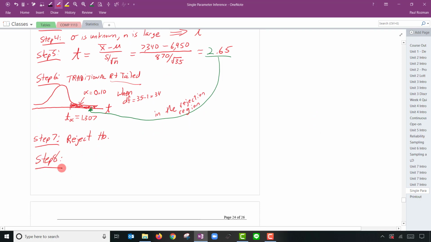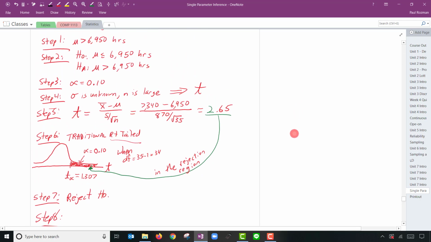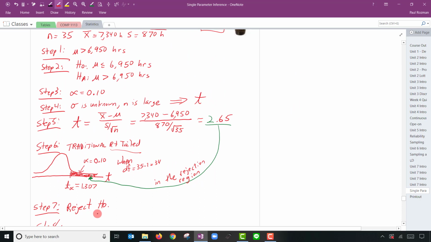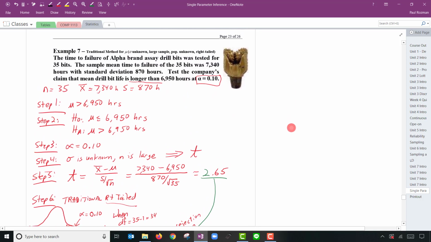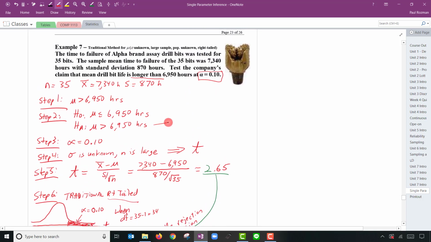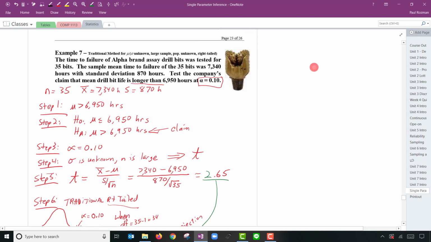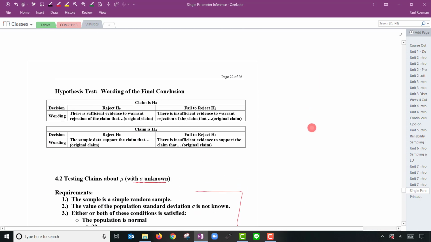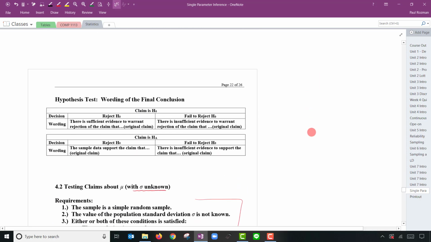Step 8 is our conclusion. And remember, we had a handy chart for this. Our decision here was rejecting the null hypothesis. And our claim was HA. Let's go and look at our chart. Our decision was reject the null hypothesis, and our claim was in HA.